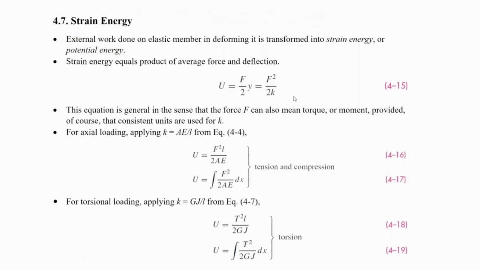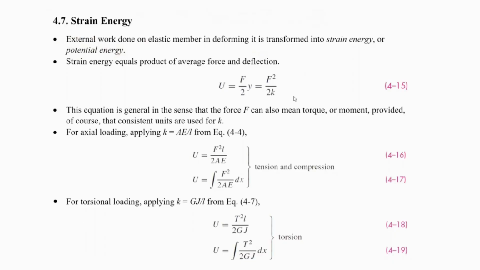In this case, the strain energy U takes the following form, both in tension and compression. And we can replace L by dx, and when we integrate this expression, we can calculate the total strain energy along the whole length of the structure, which is subjected to an axial force. This axial force can be a tensile force or a compressive force.